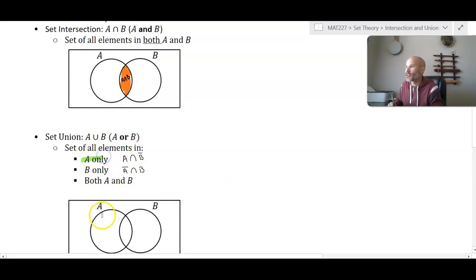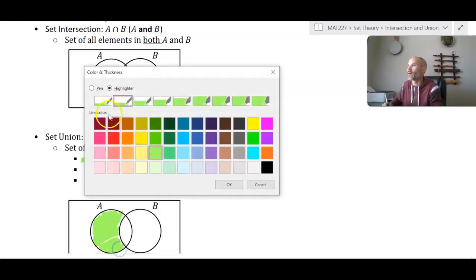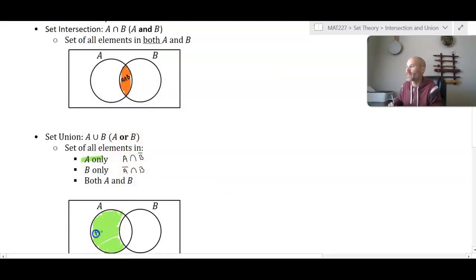A only would be just this portion right here. That does not share anything in common with B. That's only in A. That's what we call A intersected with B complement.